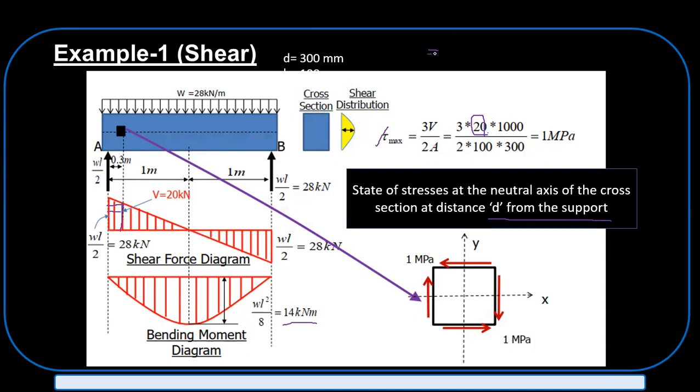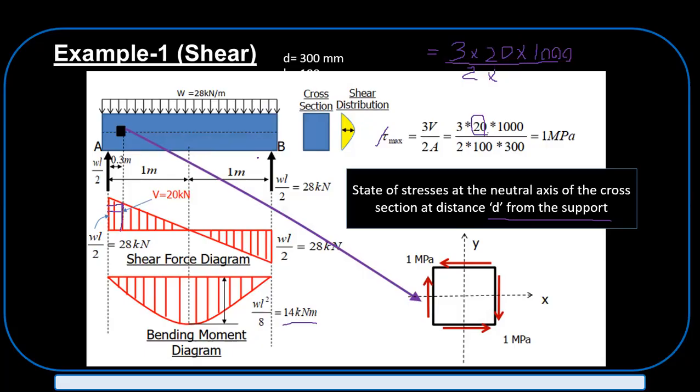So that means the shear force is 20 kilonewton, so that means 1000 times 20 becomes the numerator in newton, right? 3 over 2 into area. Area is how much?